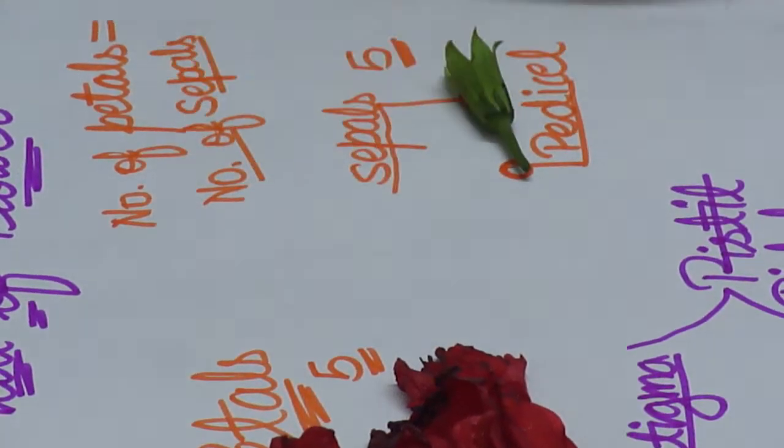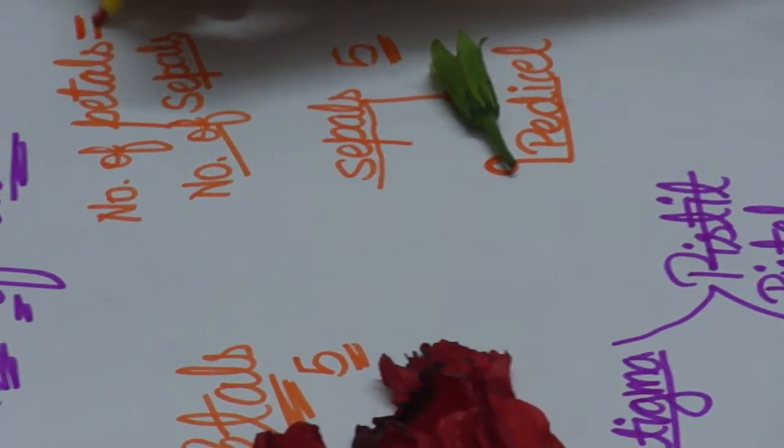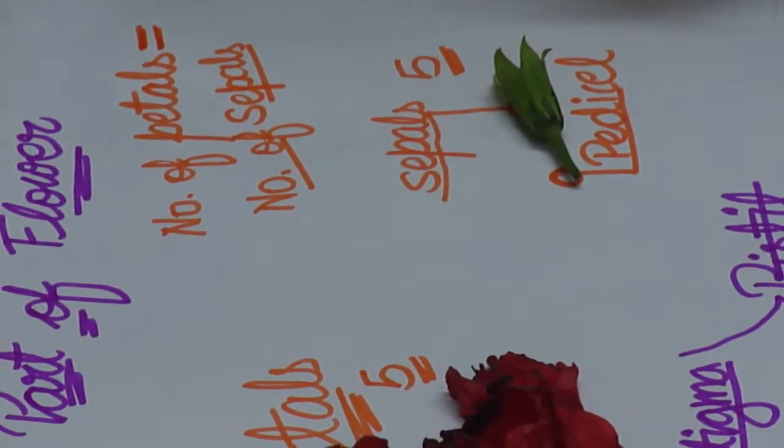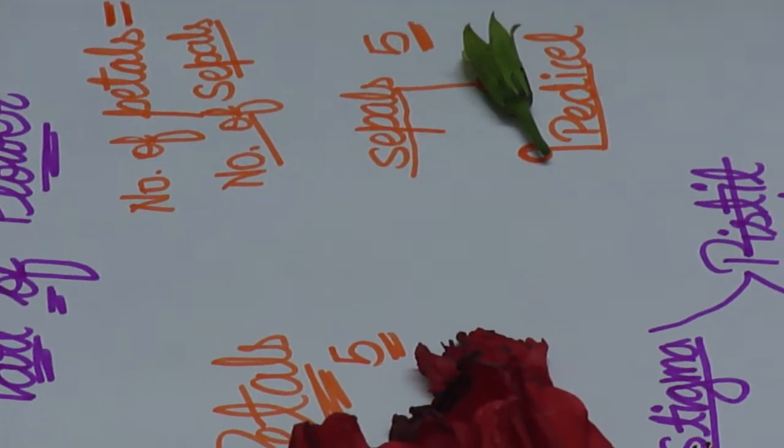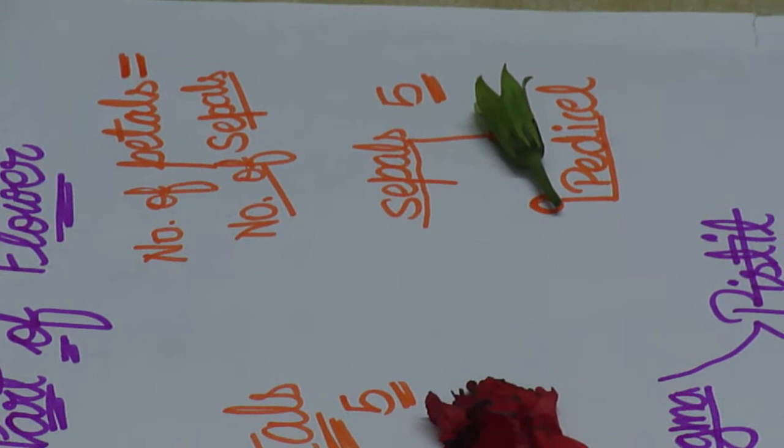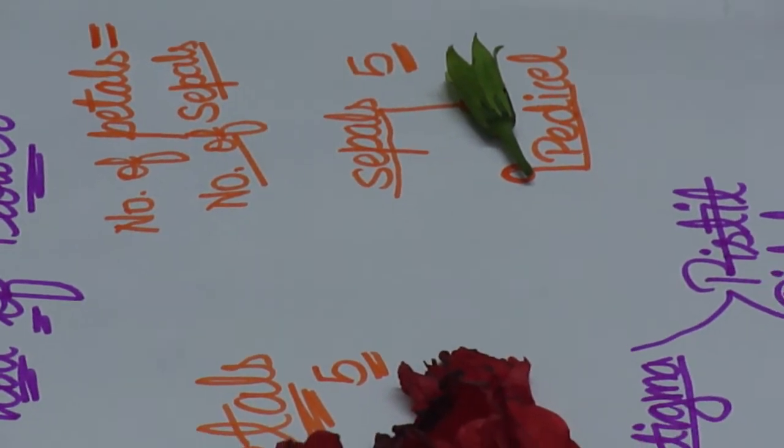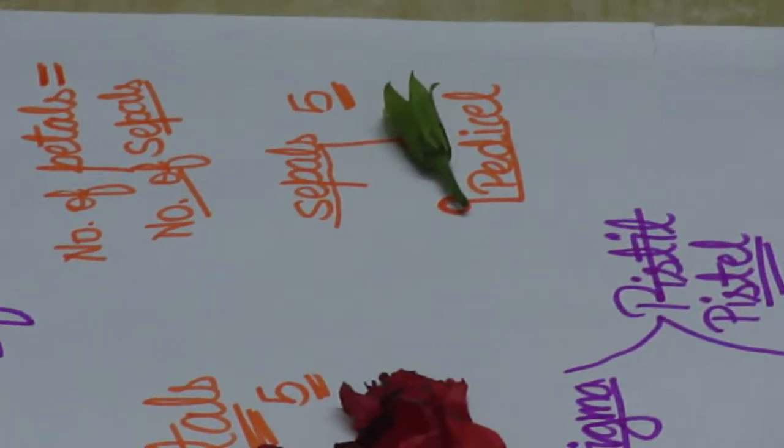You can remember this also. So if the number of petals is 6, then obviously the number of sepals is going to be 6 as well. So you can have a look at these parts of the flower here.